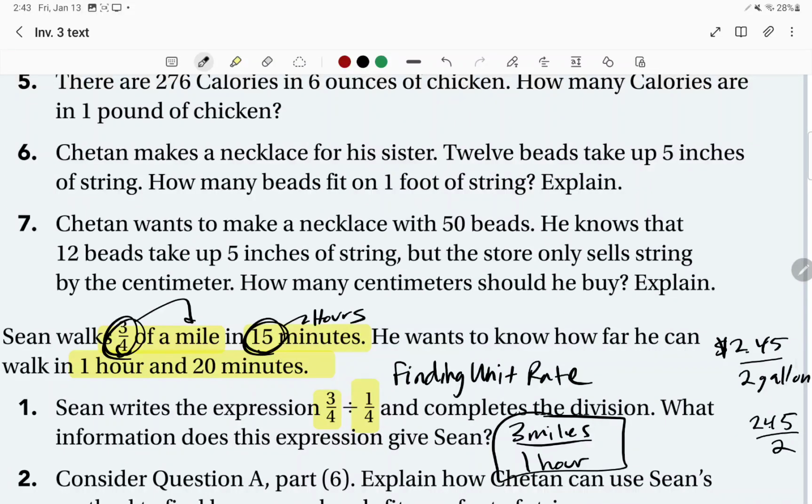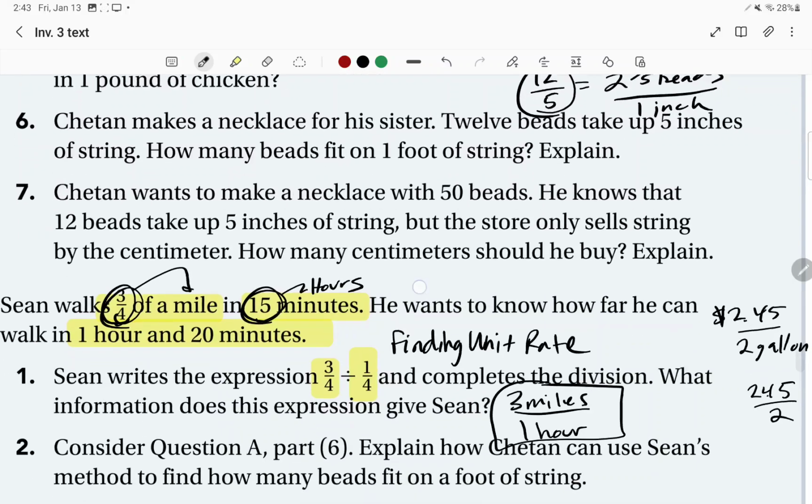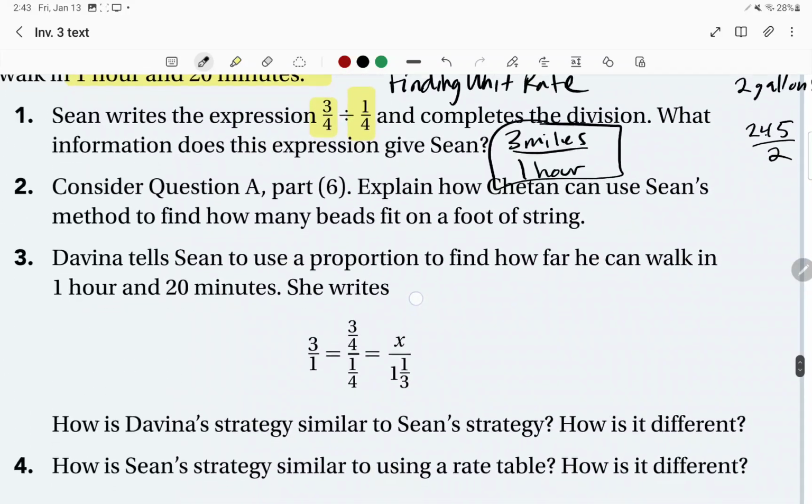So if you know 12 beads make up 5 inches, you just divide those. So what is that? 2 2/5 beads per 1 inch of string. So you're just rewriting this as dividing them, and it's still over 1. So you could do the exact same thing on that.